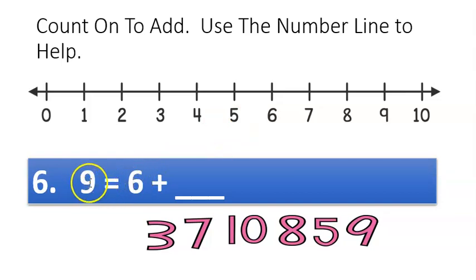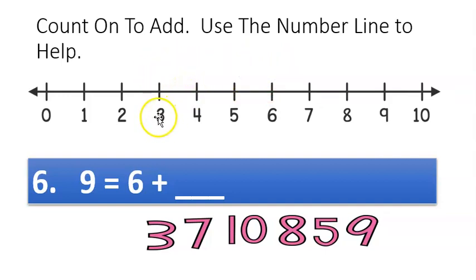We're going to start at 9 and we're going to have to go back 6 to find our answer. Watch Mr. Begay, watch me. I'm going to come here at 9 and I'm going to count back 6. Watch me. 1, 2, 3, 4, 5, 6.